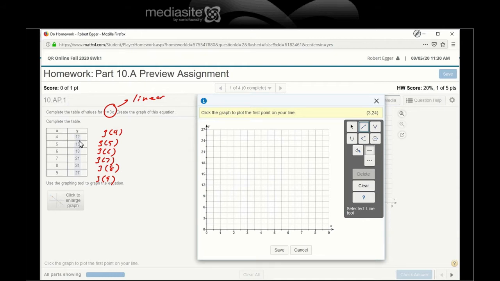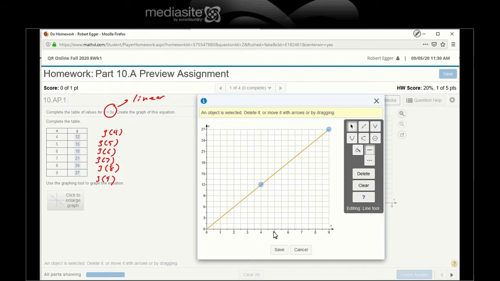I am going to use the coordinate pair 4, 12. So here's 4, I'll put a point here at 12. All right. And then my next point, let's do 9, 27. Of course, every point in between.